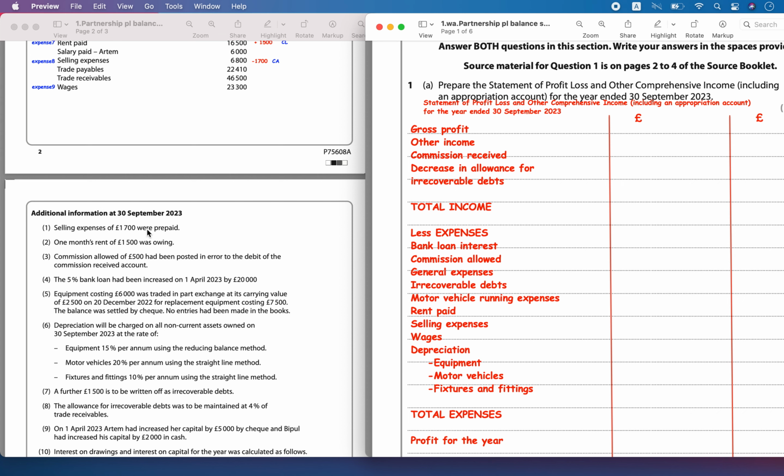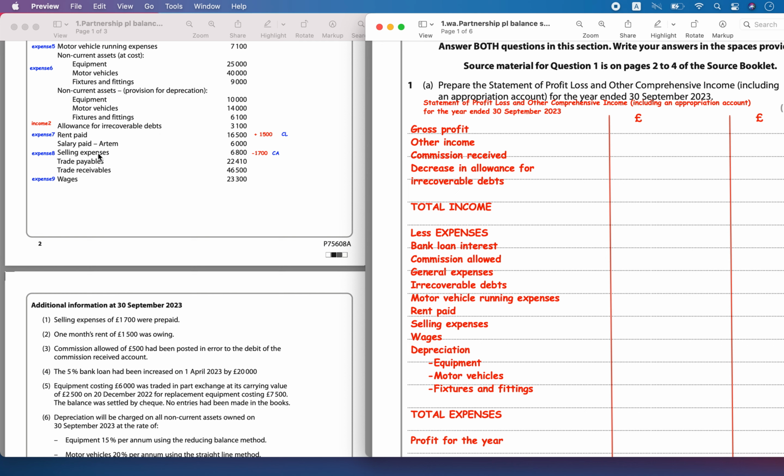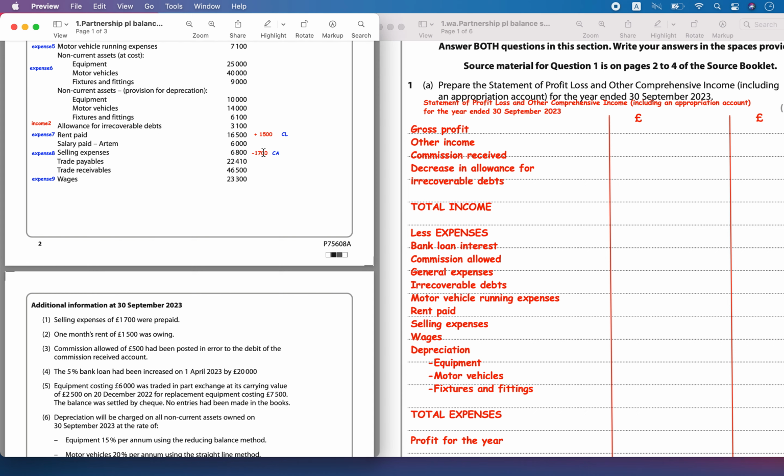The first one is the selling expenses of 1,700 was prepaid. So if it is prepaid, we have to remove it from the expense. Any prepaid expense you have to remove. So we will remove 1,700 and this 1,700 is going to prepaid expenses and will become a current asset.